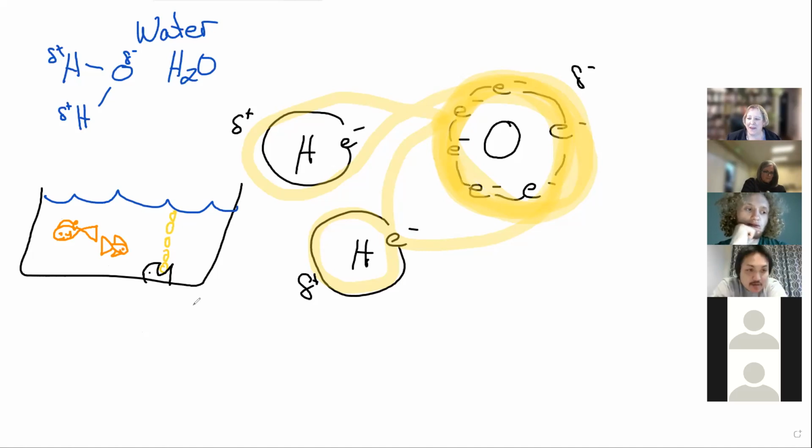I would describe it as you could physically see the water. You can. The oxygen in the air, you can't see, but you could feel it and breathe it in. That's right. So you can see water, whereas oxygen is invisible. But you can feel it.